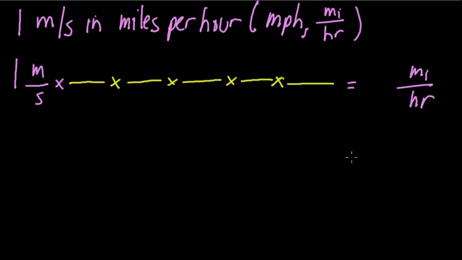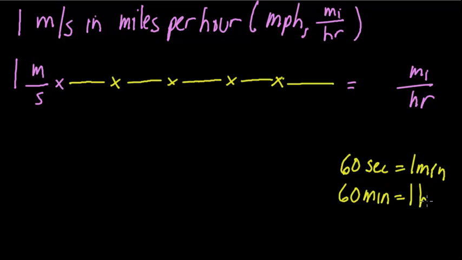So we'll start with the time. We'll do 60 seconds in 1 minute, 60 minutes in 1 hour. So that connects seconds to hours, and then I can never remember what the conversion factors are for meters and miles.